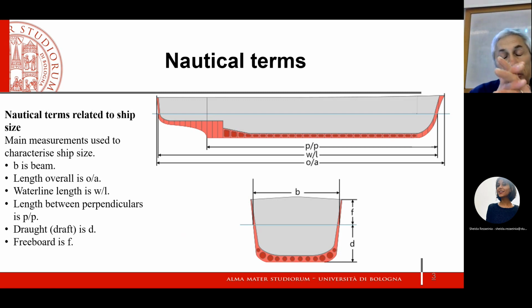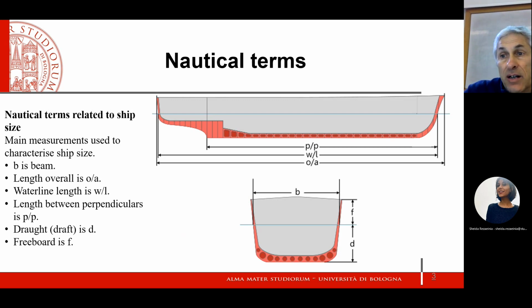By the way, if there are terms that I am using which you don't know, or maybe you don't understand because of my English, just stop me and ask me what the meaning is. So, you see here six definitions. The beam, which is indicated here with B, you understand what that is. And the length overall, which is OA in the picture, the overall length of the ship.